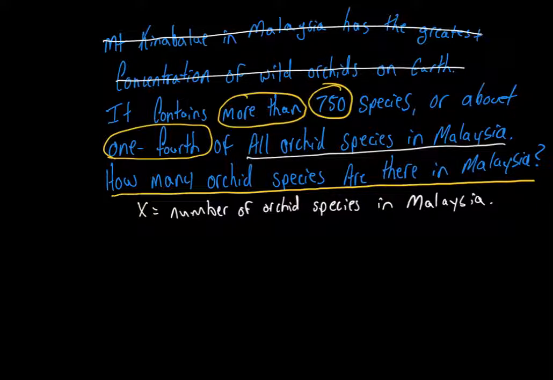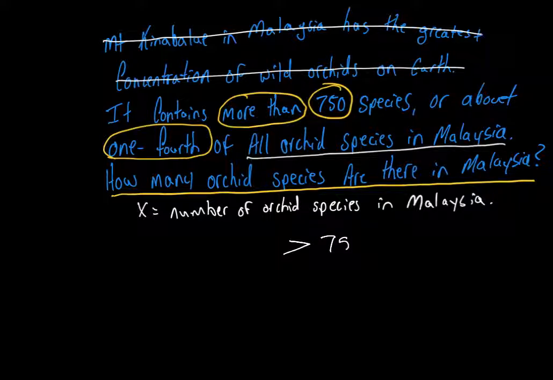Now I'm going to try to set up an inequality that will give me how many orchid species are in Malaysia. So let's begin setting up what we have. First of all, I know that I have the words more than right here. And I should know by now that more than corresponds to this sign right here. It has to be more than 750.